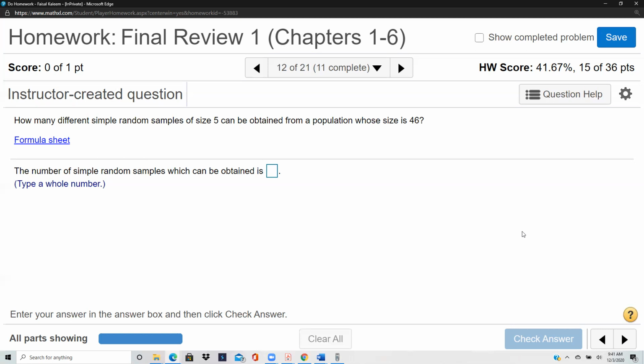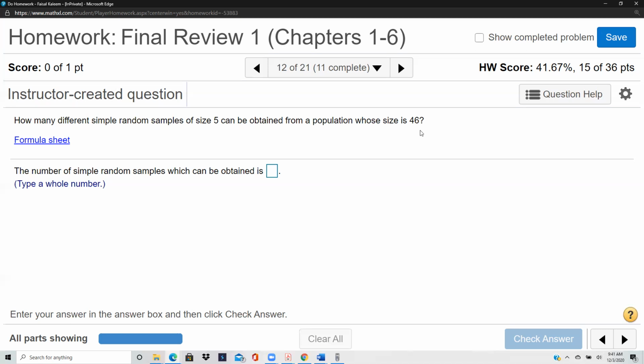So we're trying to see how many sample sizes of 5 can be obtained from a whole population of 46. And we've spotted that it's combination, because order doesn't matter here.